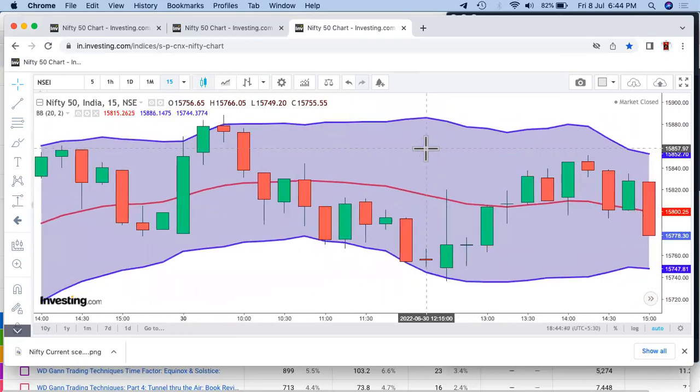This is again a good example. Price touched up, went down, it was not a resistance, this was a resistance. Probably it again went up. So after coming down, I shouldn't be taking this.